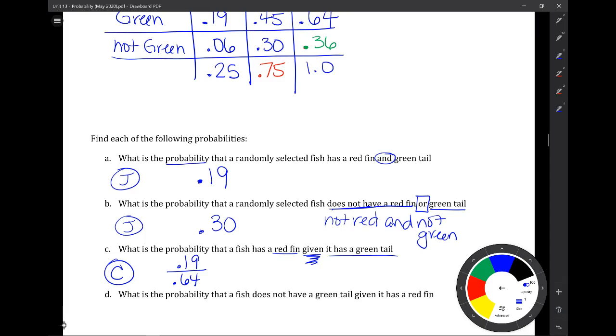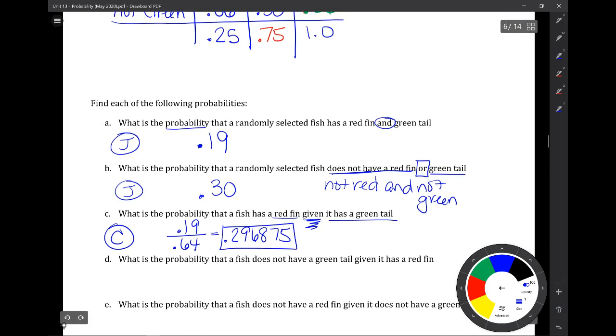And then you would take out your calculator, and it does not provide rounding directions. So you are going to write down every single decimal that your calculator gives you. One thing about probability is if it said exact, you would actually leave it as a fraction. This one doesn't say exact, so we can make it a decimal, we just won't round it.